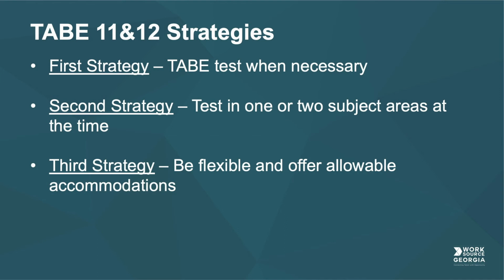Make sure you choose the assessment according to the participant's needs and requested services. For example, if the participant's plan of services includes enrolling into TCSG adult education services, or includes an individual training account to a formal training, TABE is required.